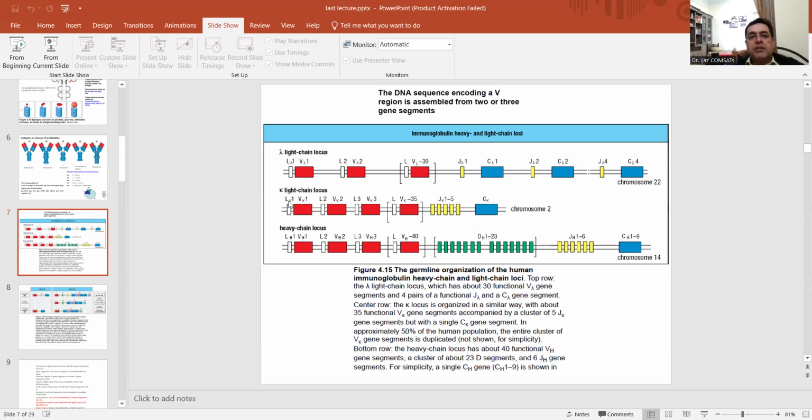There are leader sequences indicated by L1, L2, etc. There's V kappa 1, V kappa 2, V kappa 3, up to V kappa 35. It means that there are 35 V kappa gene segments that have to be assembled to make this variable region, by combining these 35 segments with joining sequences, which vary from 1 to 5.